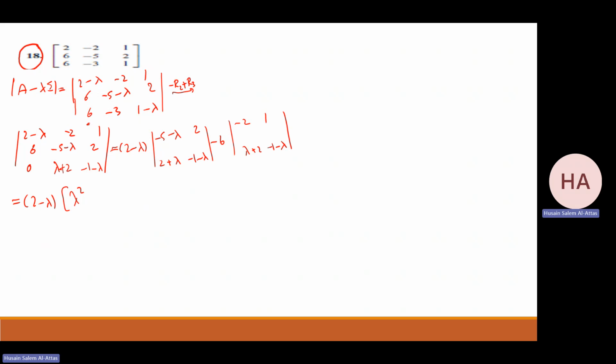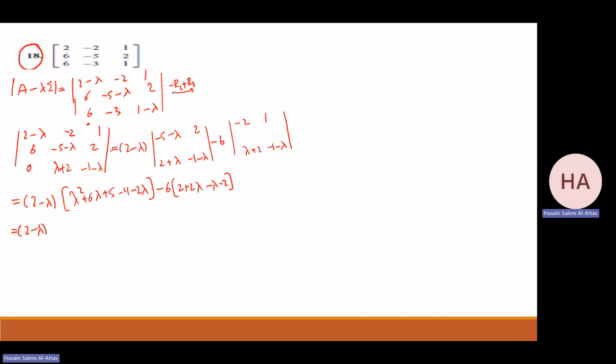This is lambda square. Lambda plus 5 lambda plus 6 lambda plus 5 minus 4 minus 2 lambda. Okay, minus 6. This will be what? 2 plus 2 lambda minus lambda minus 2. Inshallah better.